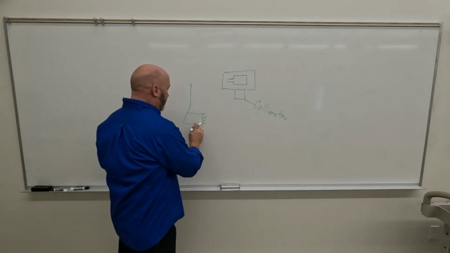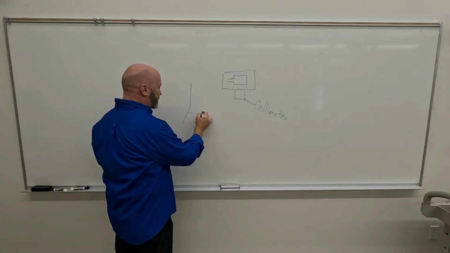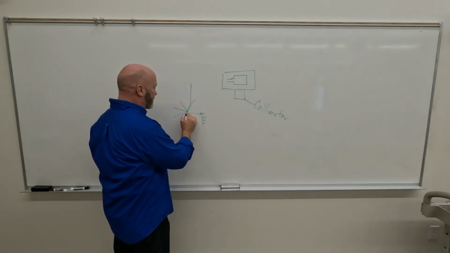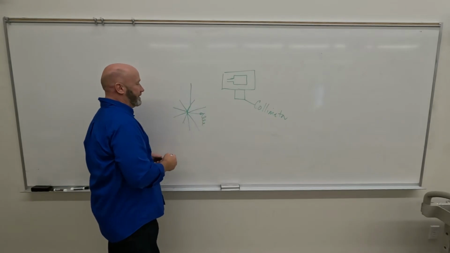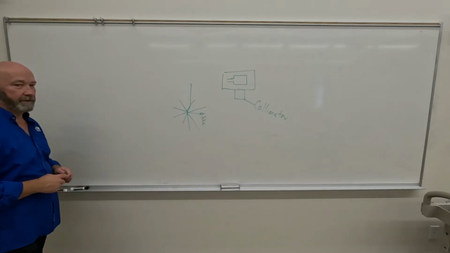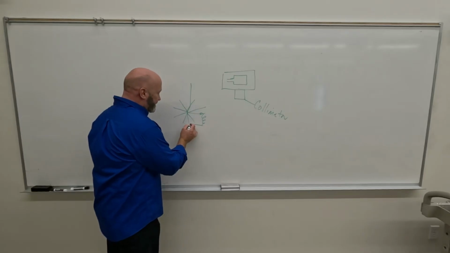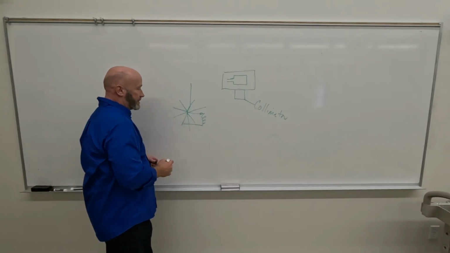So if we send one electron across the X-ray tube, the X-ray photon could go anywhere. Okay, so now apply that to the billions of electrons we're going to send across the tube.